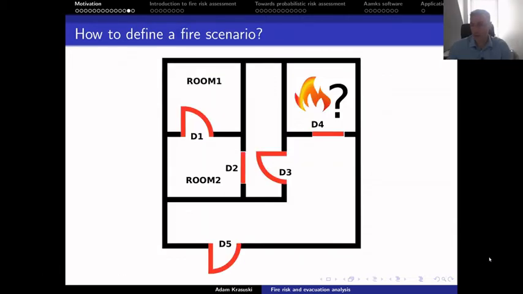So what do we have so far? We have joint fire and evacuation modeling, and this approach allows us to check whether the people have contact with smoke. We also have smoke-aware evacuation, which is very close to reality, where people try to find a way free of smoke during the evacuation.